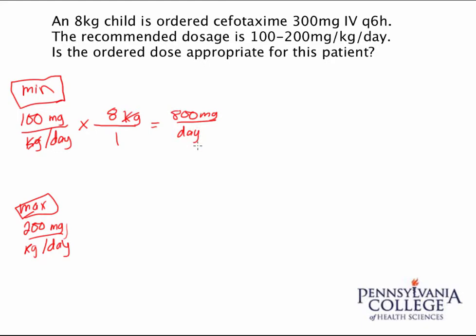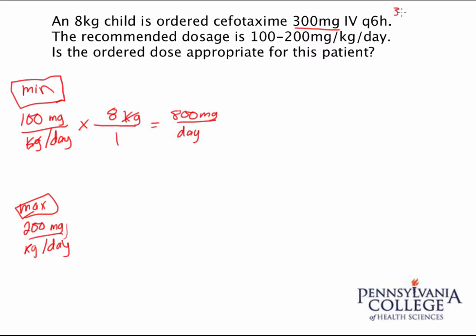So the most common misconception here, mathematically speaking, is that a student might look at this and say, well, the child is supposed to receive 300. 300 is quite below that 800 milligrams. So maybe we would go and double check. The problem here is that this 300 milligrams is for every single dose.